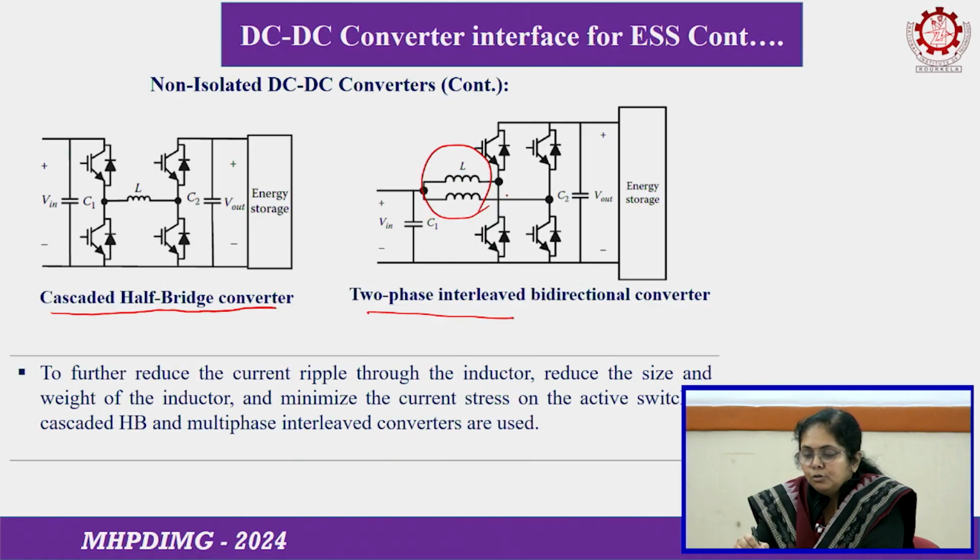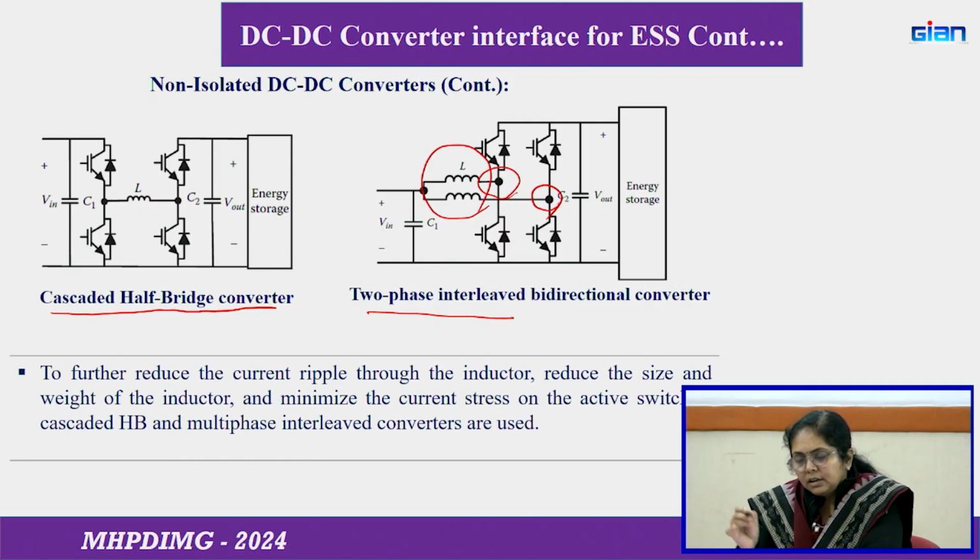Here only two legs are shown. There can be multiple phases depending on your current requirement. Suppose you are going for a 100 ampere application, you can go on adding more phases, obviously more phases means more switches, so the control and operation complexity increase.